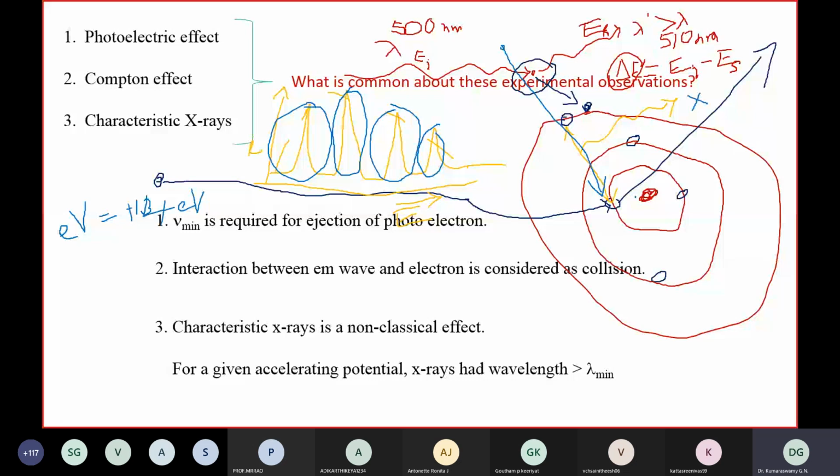The difference in orbital energies is emitted as characteristic X-rays for that particular type of atoms.